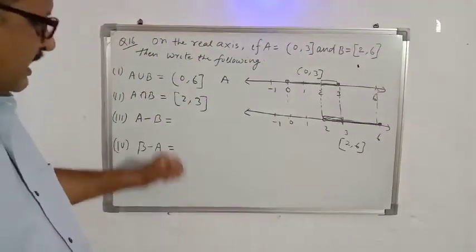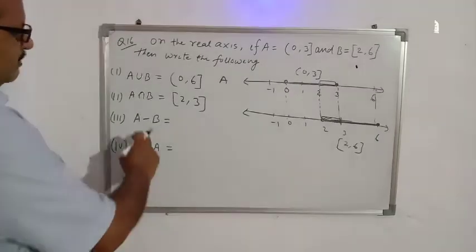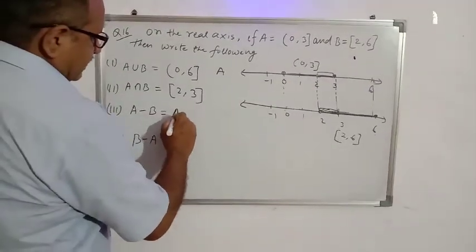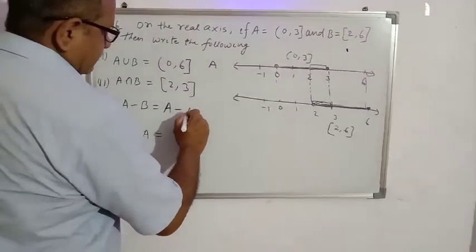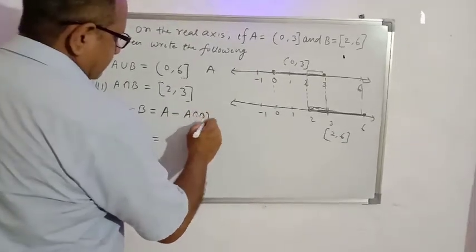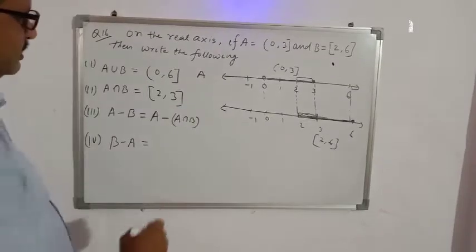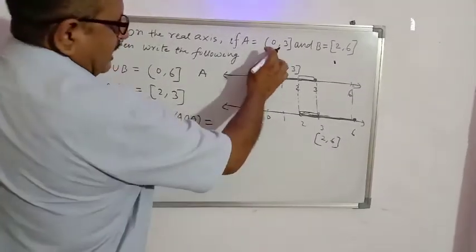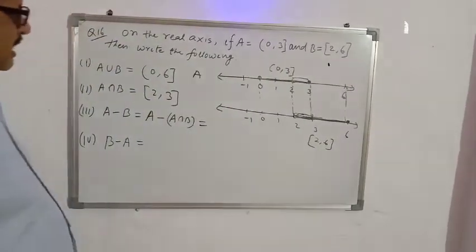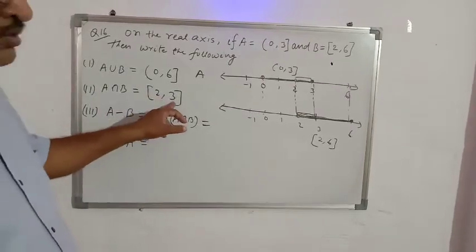Next we have to write A minus B. A minus B means from the set A we subtract A intersection B. So what is A? A is 0 to 3 and we have to subtract 2 to 3.